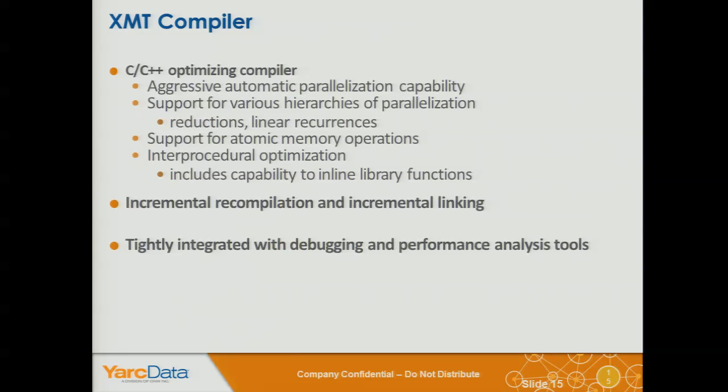The XMT compiler was designed and built at the same time as the ThreadStorm chip, so they're very closely coupled. So really the best way of getting any performance out of the machine is to trust the compiler to do a good job of parallelization.